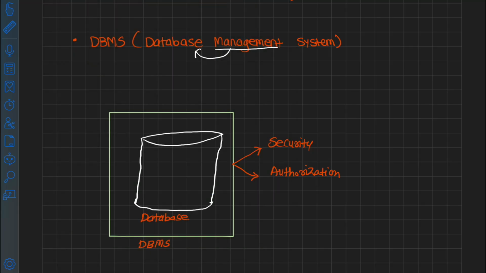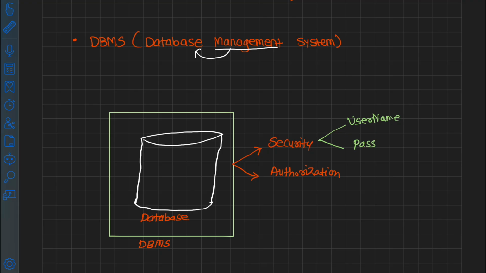In simple words, whenever you want to log in to your Instagram account, your Amazon account, or your Facebook account, at that time we give the credentials, that is your username and your password. This username and password is nothing but security.